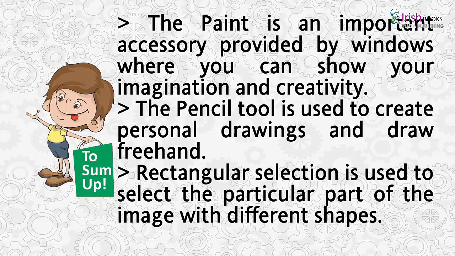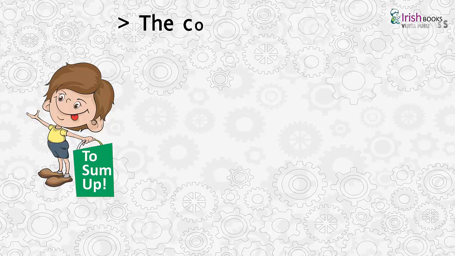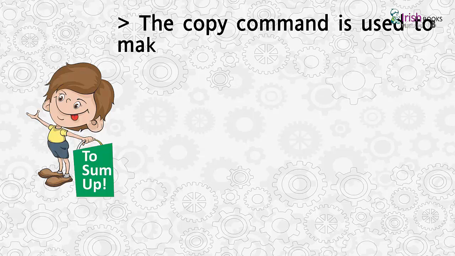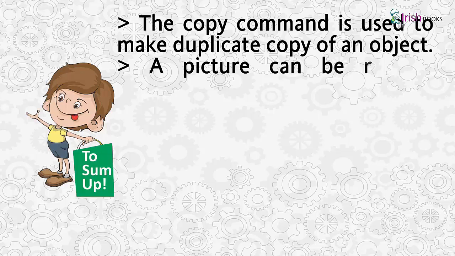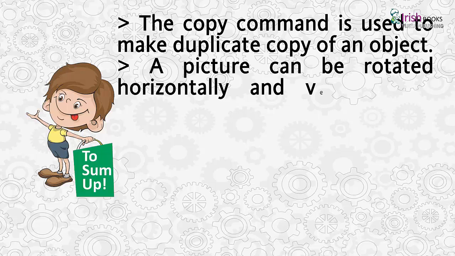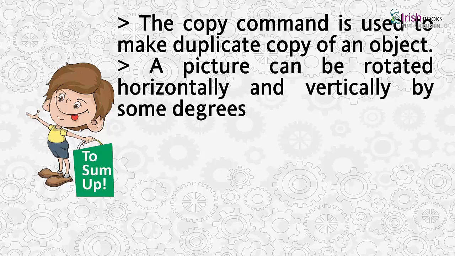Rectangular selection is used to select the particular part of the image with different shapes. The copy command is used to make a duplicate copy of an object. A picture can be rotated horizontally and vertically by some degrees of an angle.